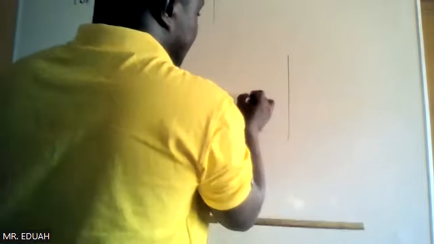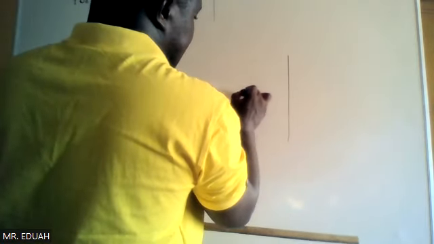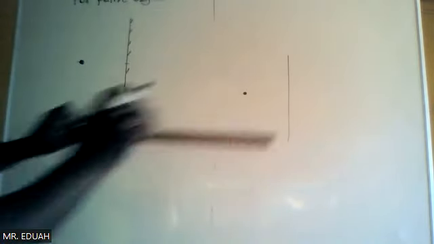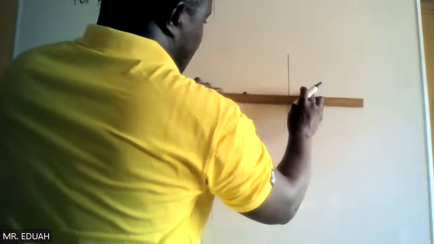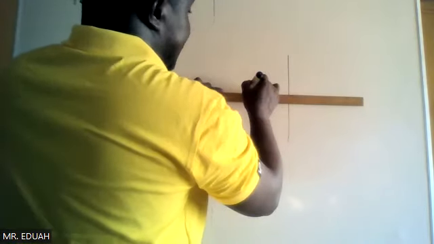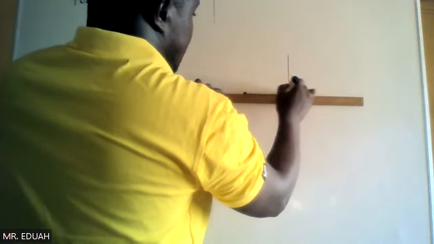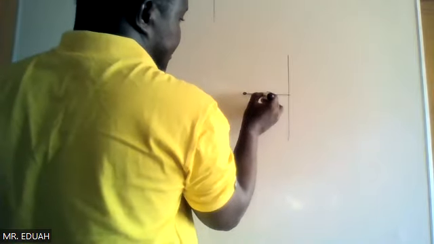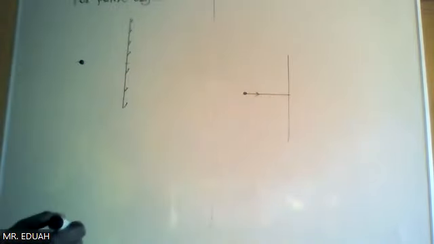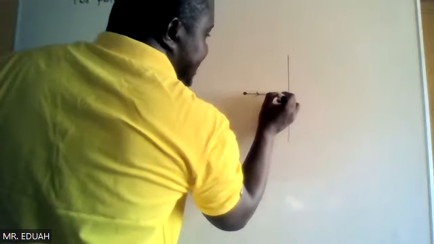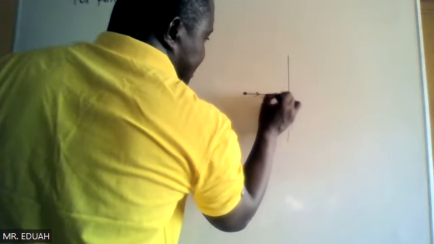The rule is that if you have a plane mirror and a ray of light incident on the mirror perpendicularly, so if the incident ray is such that it hits the mirror at 90, the reflected ray is along the same path as the incident ray.